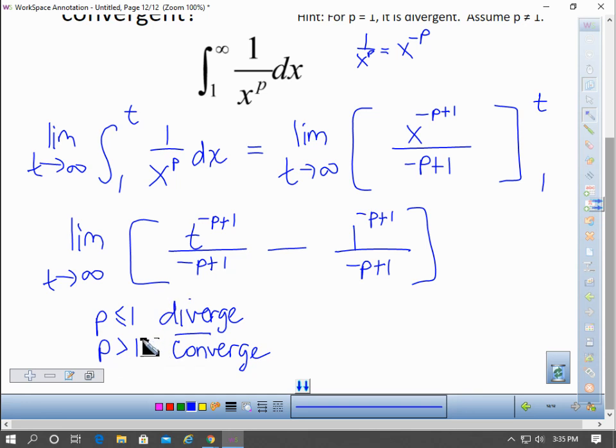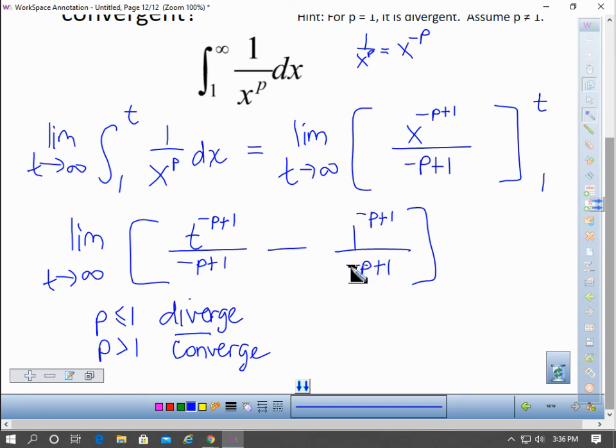If I put any number greater than 1, say a 4 in here, that'll make this negative 3, t to the negative 3, which means that's t cubed in the denominator, which is going to put infinity in the denominator again, which is going to make this part 0. Then this gives me 1 to the negative 3, which is still 1.